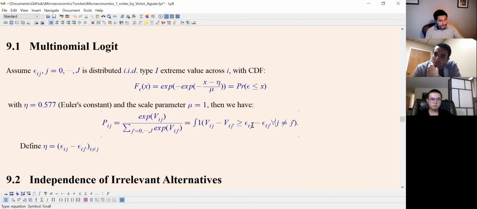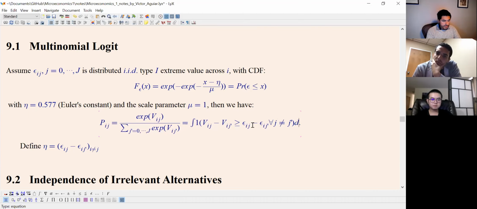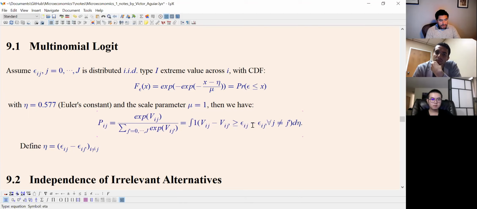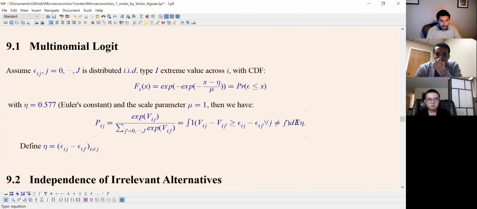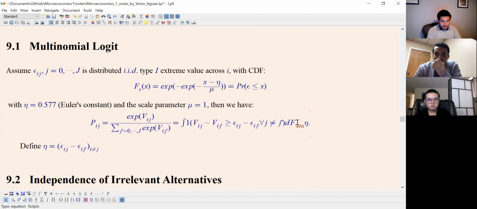So what we have here is basically this integral that has to be, of course, integrated with respect to this variable eta, because this statement here is happening for all j's, right? So it's a multiplication of indicator functions. So this depends basically on this difference indicator, and this has some distribution. So I'm going to call this the induced distribution by eta.